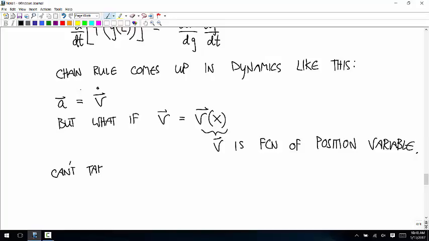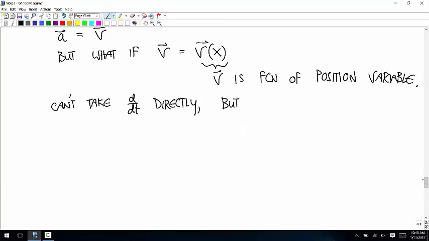So we can't take d dt directly because we don't know that function. But the acceleration is equal to the derivative of the velocity with respect to x times dx dt.